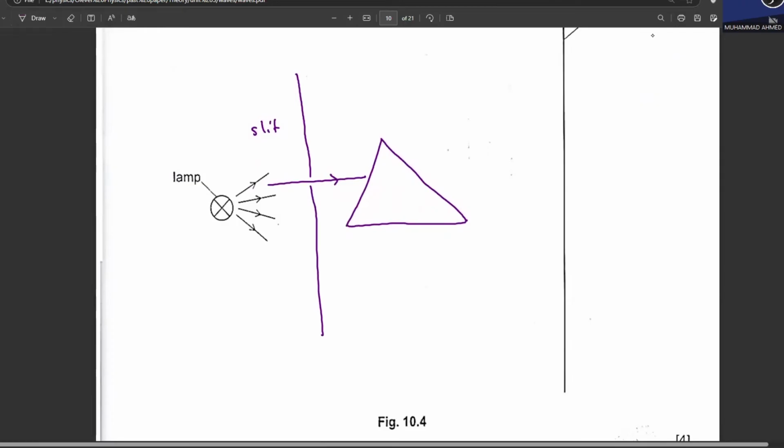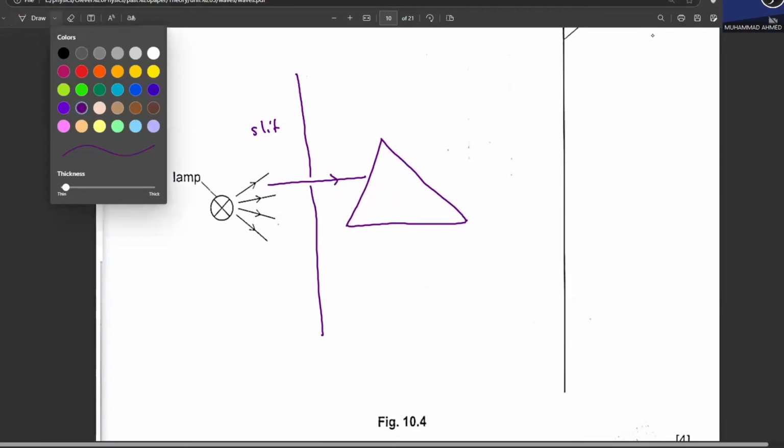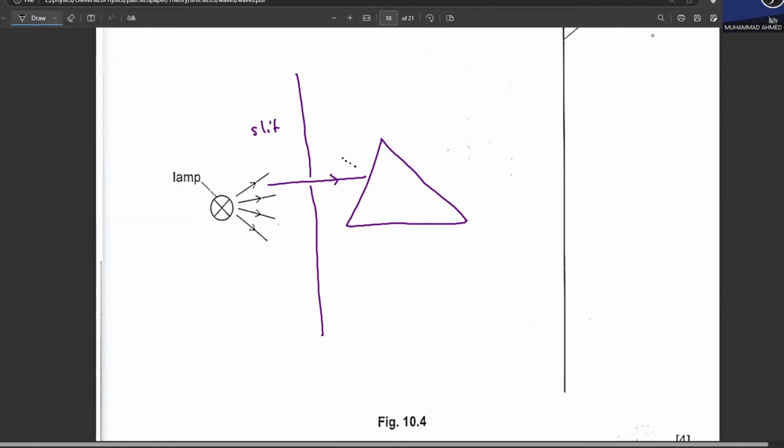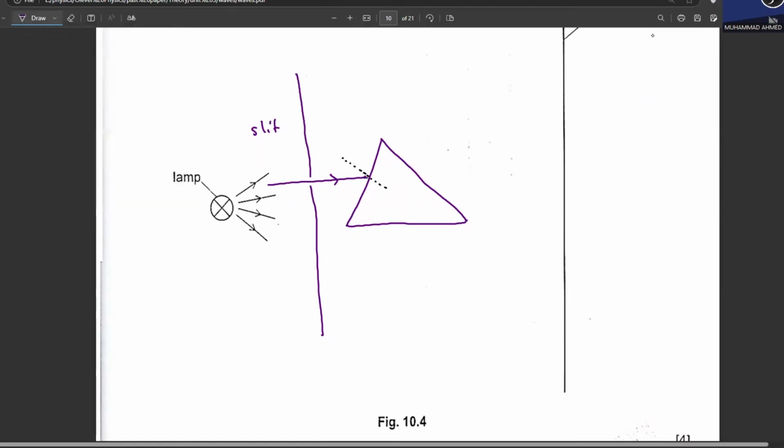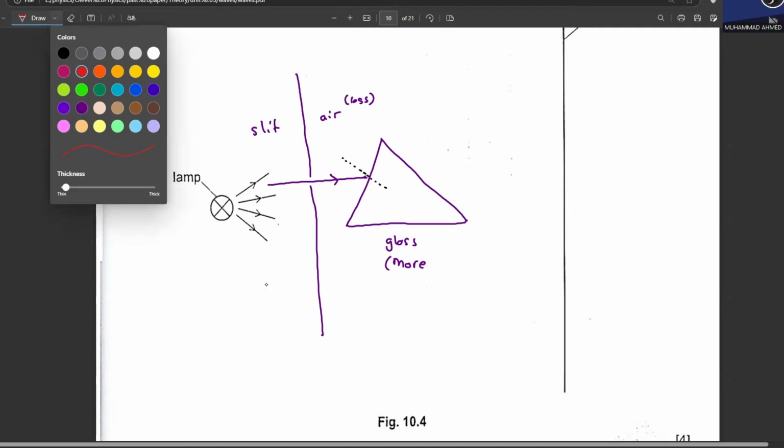Air is less dense, glass is more dense. What will happen? Any ideas? You are going from air that is less dense to glass that is more dense, so your rays will bend towards the normal, somewhat like this.